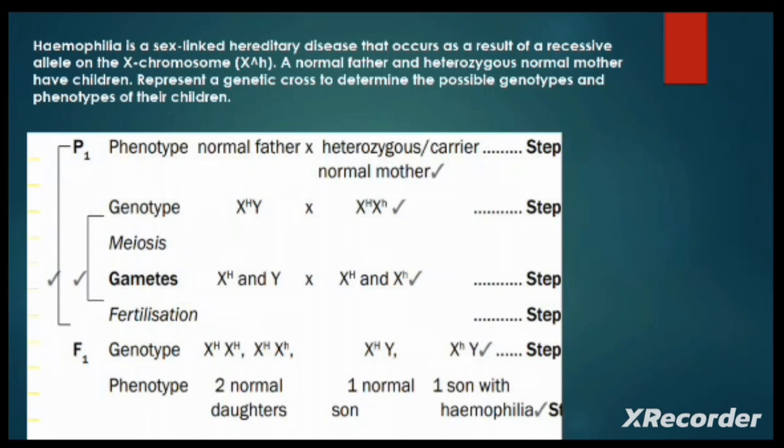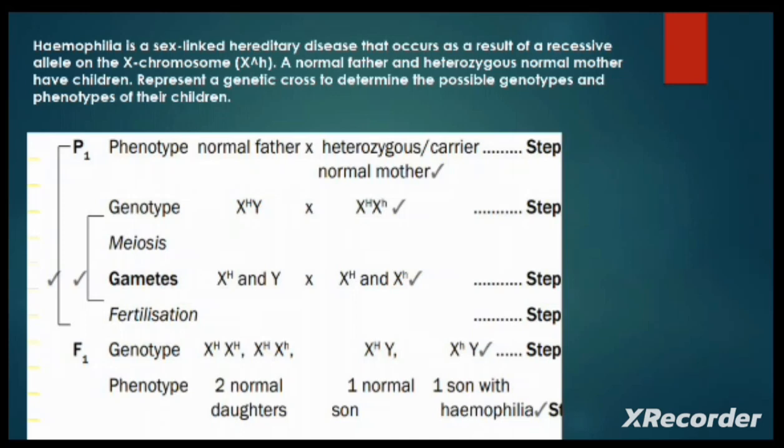You're going to get X capital letter H and X small letter h. And then for the Y now, we combine it with the first X of the mother. We're going to get X capital letter H and then Y. I told you we start with X, not Y. And then again, the last one would be Y combined with the last X, the X that has a small h, and then we would have X small h and a Y. So those are the genotypes of the children.